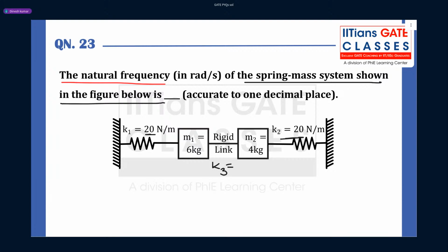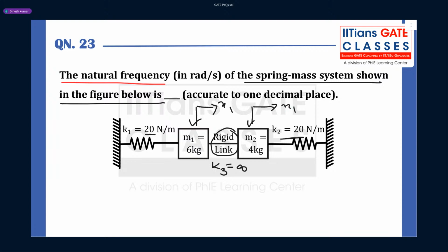For a rigid link, K3 is infinite. That means this mass M1 and M2 will move together. There will be no deformation in the rigid link, so whatever displacement x1 you apply here, this will also move by x1.